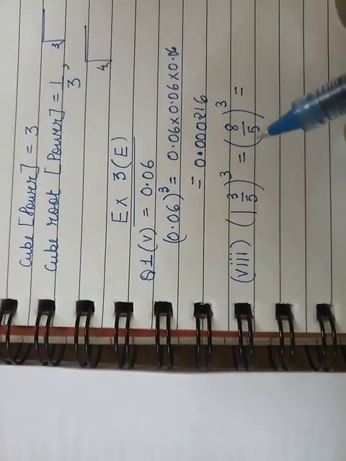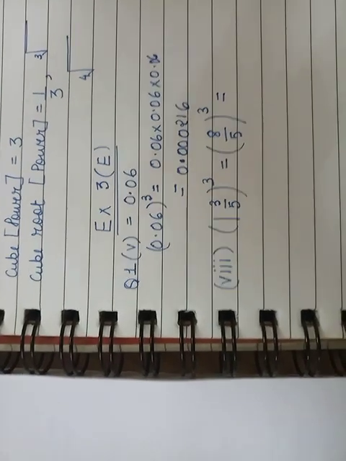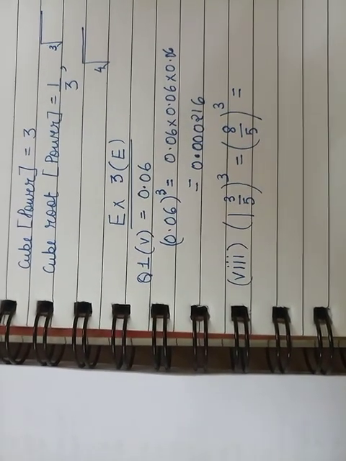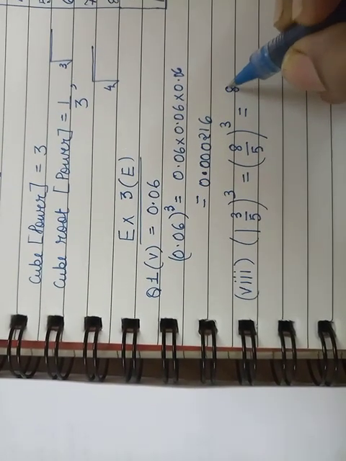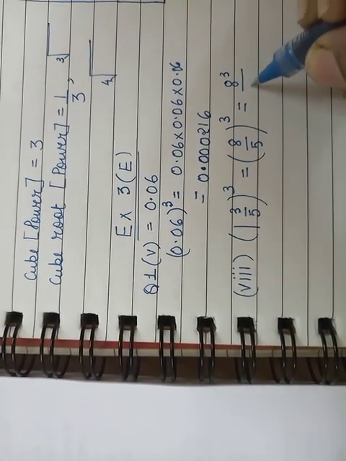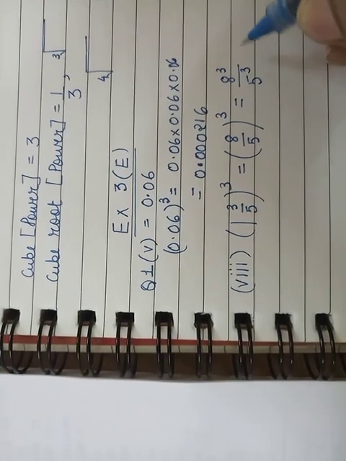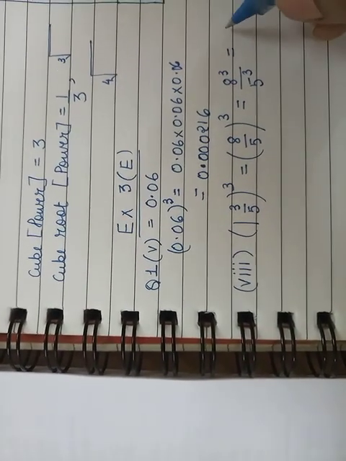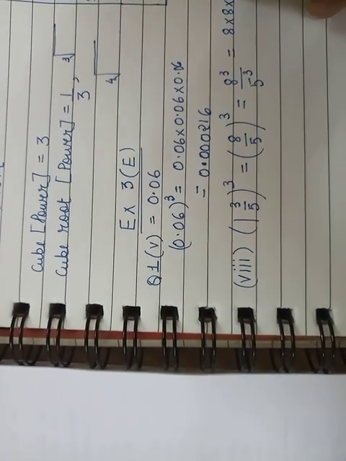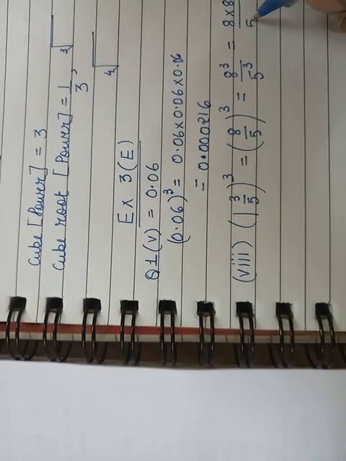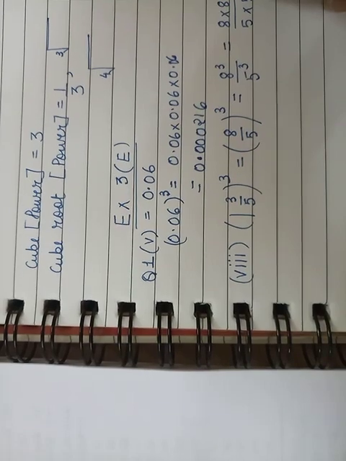As we learned in the exponent, whole to the power 3 means numerator has power 3 as well as denominator has power 3. So that means 8 cube upon 5 cube. So that becomes 8 into 8 into 8 upon 5 into 5 into 5.